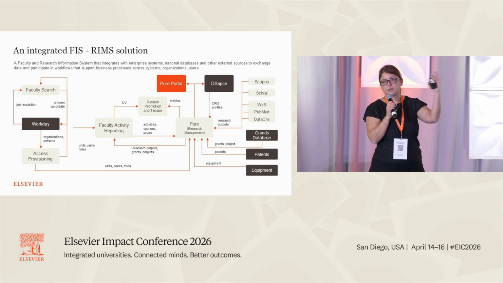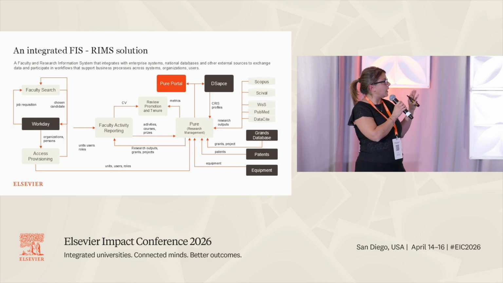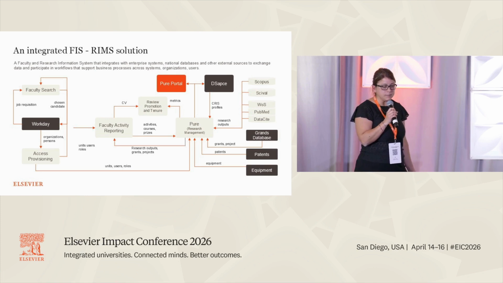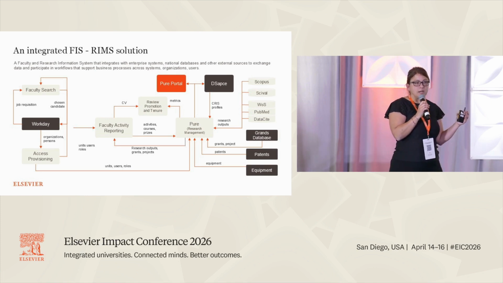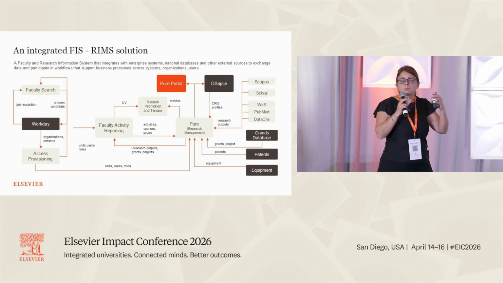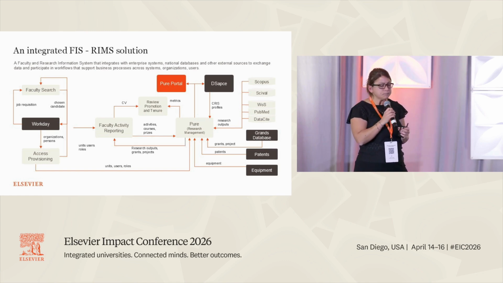Now we move on the other side of the diagram, so we go to the right. And as I said, Pure is a product that is more focused on research management, so the management of research data. And on this side, we have data that is still related to that faculty member and to build like a complete profile.